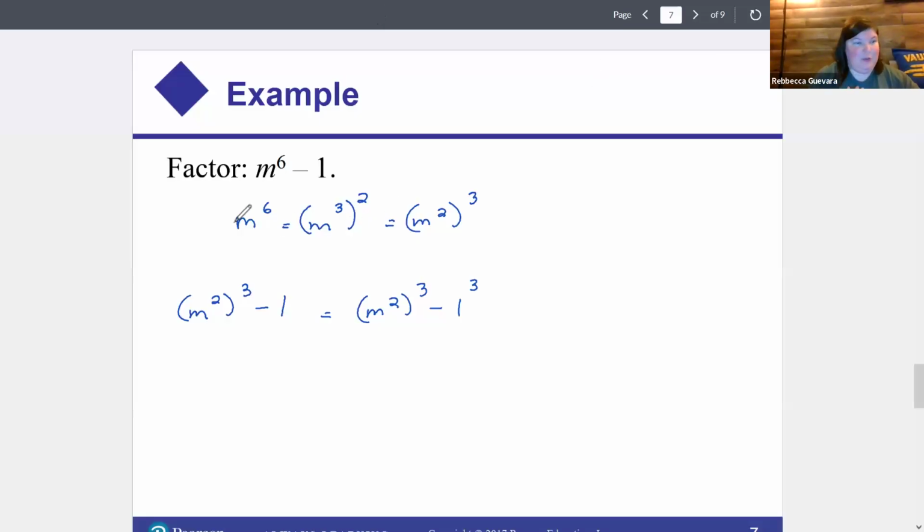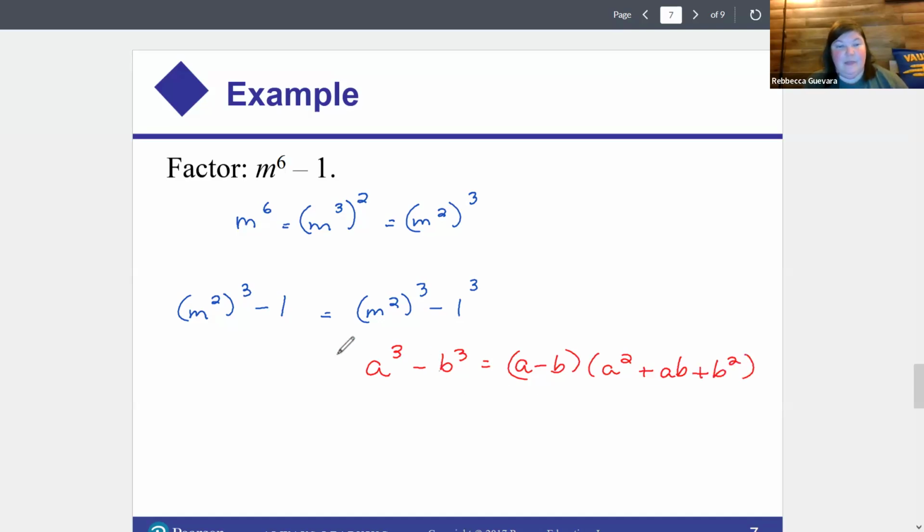Okay, sorry, I'm losing my voice. If you remember, for cubes, we said that if we had a cubed minus b cubed, that was just a minus b times a squared plus ab plus b squared. So we can look at this and say that m squared is my a, and b is just going to be my 1.